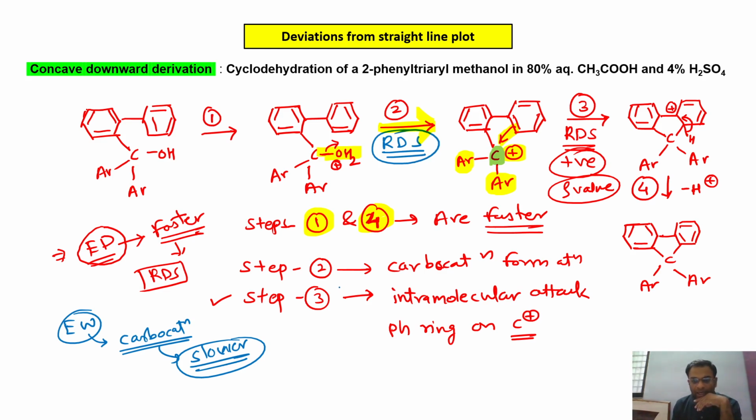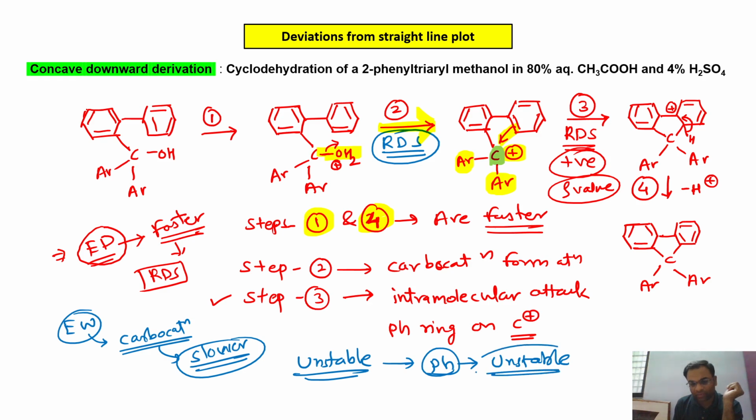And once the carbocation is formed, that unstable carbocation will be readily attacked by the adjacent phenyl ring, as that carbocation is very unstable, and therefore the attack becomes very fast.